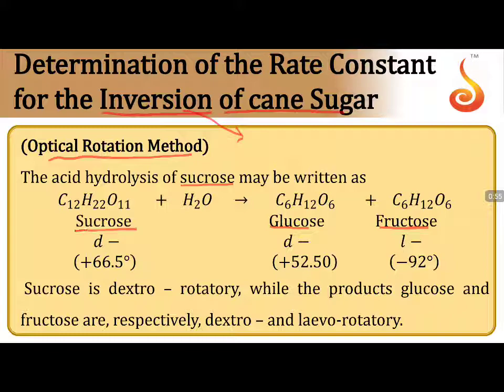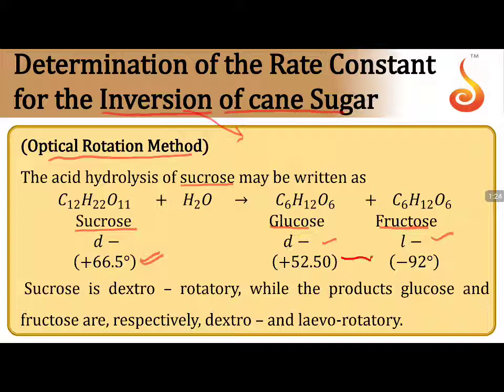But the most important point to notice here: before the experiment, only sucrose is present in the solution, which shows an optical rotation of dextrorotatory 66.5 degrees, rotating the plane polarized light towards the right hand side. But as the reaction proceeds, some sucrose gives glucose and fructose, where glucose is dextrorotatory and fructose is levorotatory.